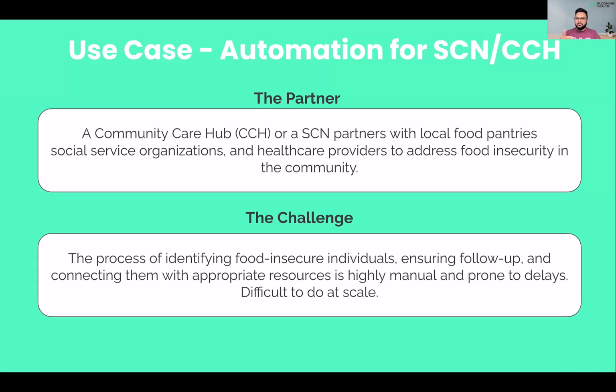Now, the general process that this organization used to follow in terms of identifying the food insecure individuals, ensuring follow-ups, and connecting them with the right services, right, was highly manual and time consuming. Obviously, it was difficult to track the follow-ups that were leading to interventions. And the process was not scalable due to the administrative overload in general.